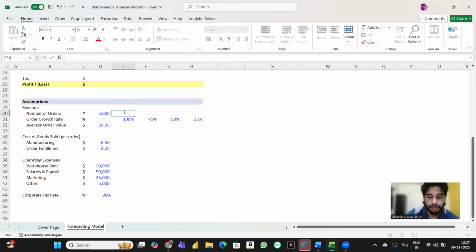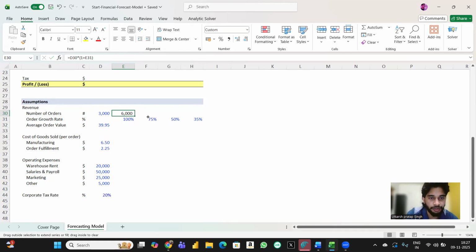Let's try another time. The formula for the number of orders is equal to the previous year's 3000 into open bracket 1 plus that growth percent, close the bracket, and the number for the next year would be 6000.